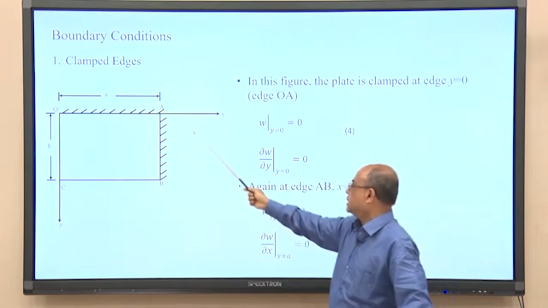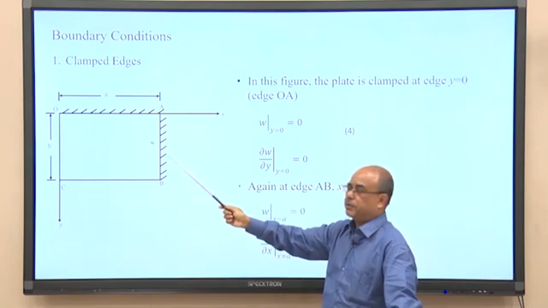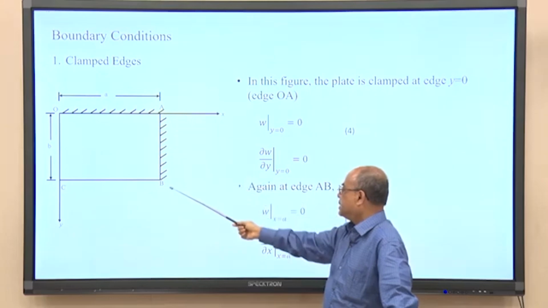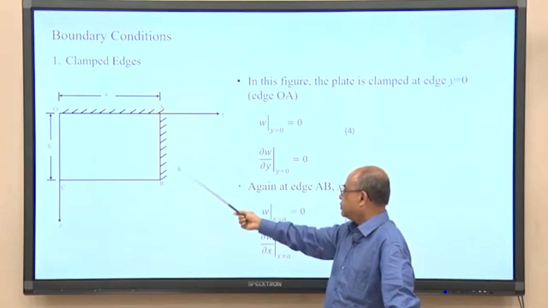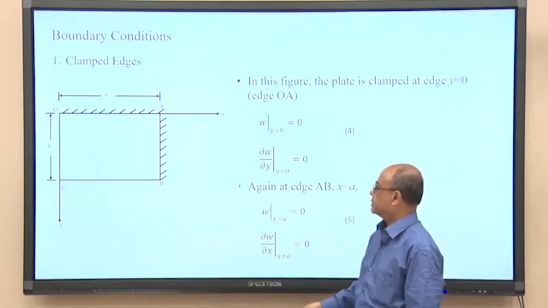So, that means it has a welded edge OA which represents the fixed boundary condition. Similarly, AB is also an edge which is welded, so it represents a fixed boundary condition or clamped boundary condition.